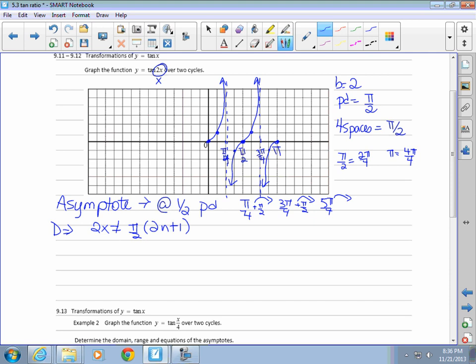So if I multiply everything through by 2, 2 times 2x is 4x. Pi over 2 times 2 is just going to be pi, and then 2n plus 1. Okay, so if I want my x by itself, I have to divide by 4. So x is not equal to pi over 4 times 2n plus 1.